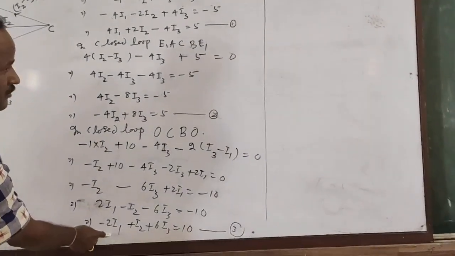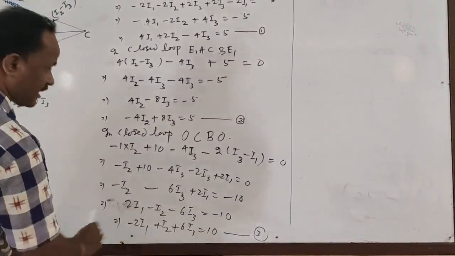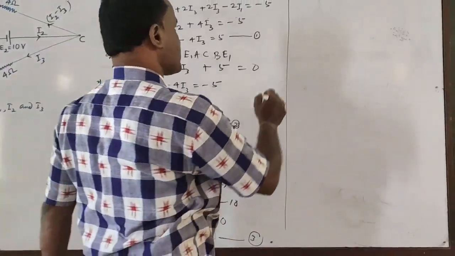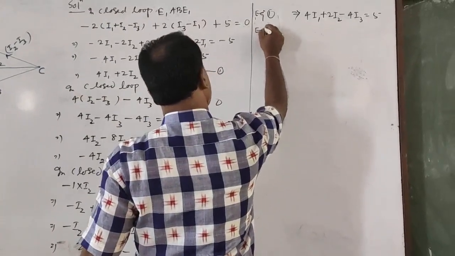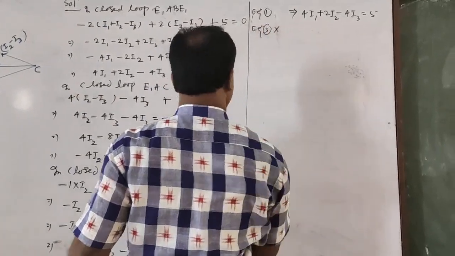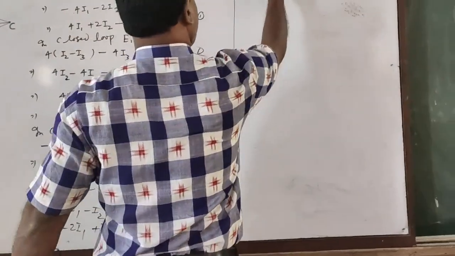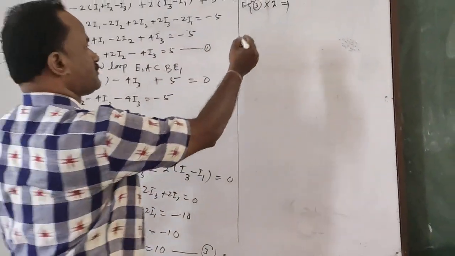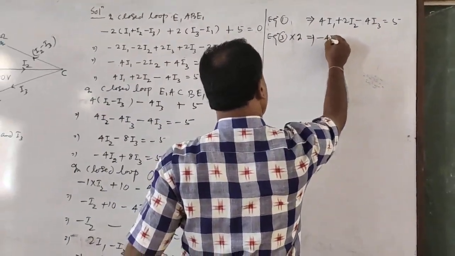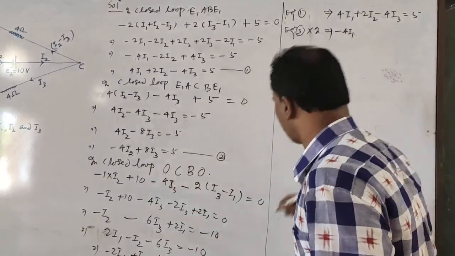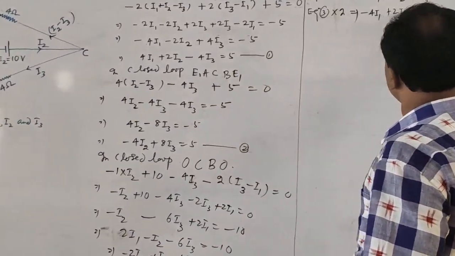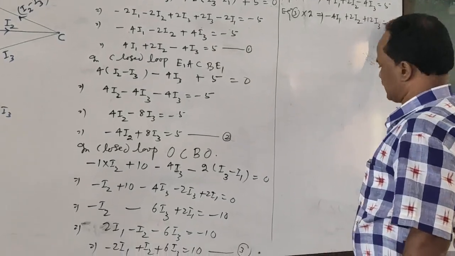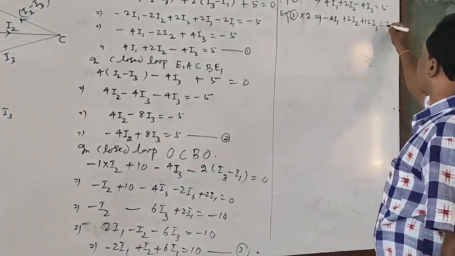If you want to remove some factor, like I1 or I2, let us consider equation 3 and multiply by a factor of 2. It gives minus 4I1 plus 2I2, multiplied accordingly, plus 12I3 is equal to 20.